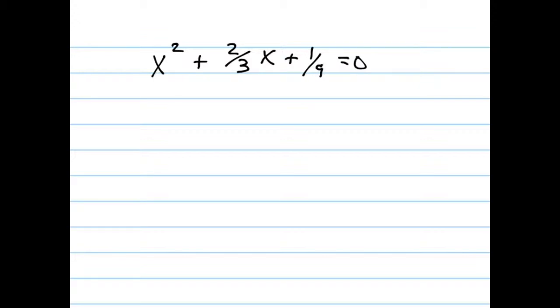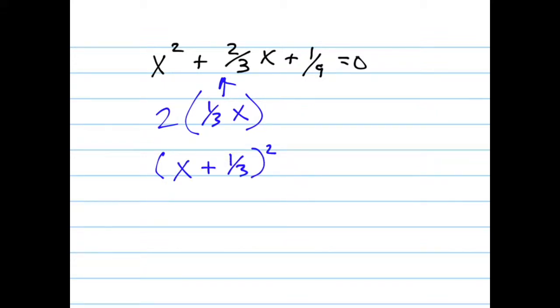So 1/9 is a perfect square, and 1/3 is its square root. 3 squared is 9, and 1/3 squared is 1/9. So, does 1/3 times x times 2 equal our middle term? Yes, so this factors into x plus 1/3 squared, the square root of x squared and the square root of 1/9, all squared.